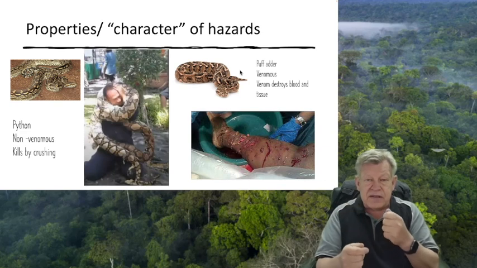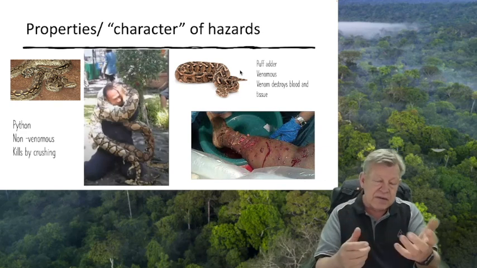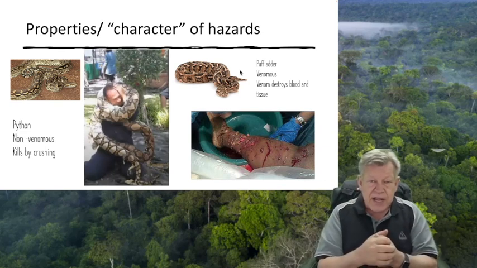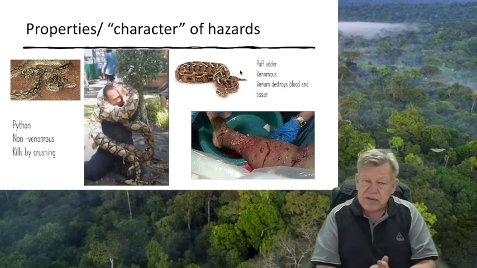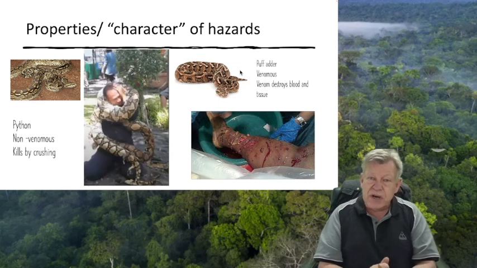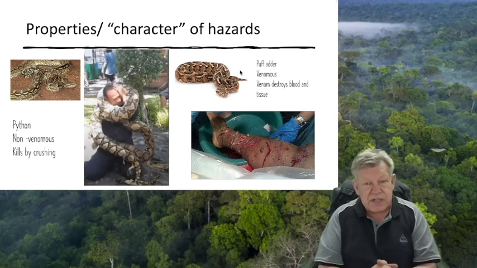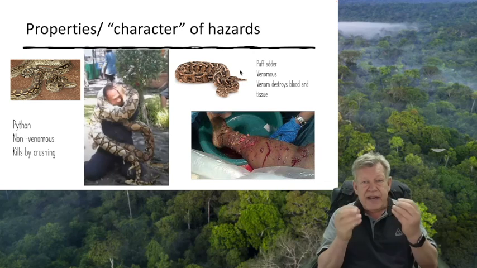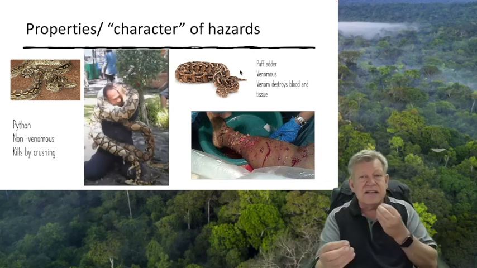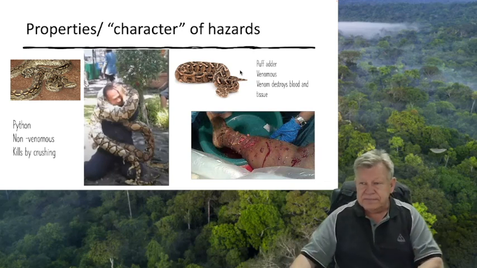If I think it's the puff adder or it's a python that bit you, I might think that you're going to get rotten limbs and whatever. That's not true. But if I think that the puff adder is a python and he's trying to squeeze you, but in the meantime he's bitten you, then you're going to have pieces falling off. Okay, so I need to understand the hazards that I'm dealing with.